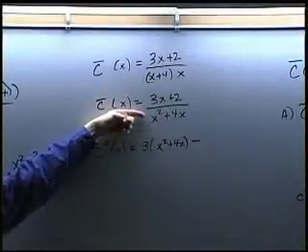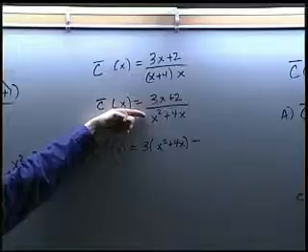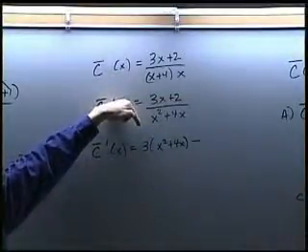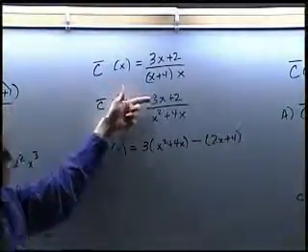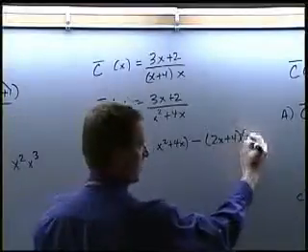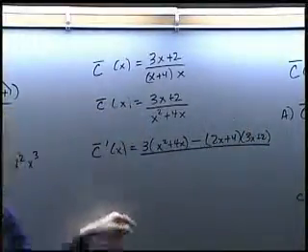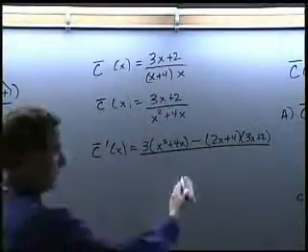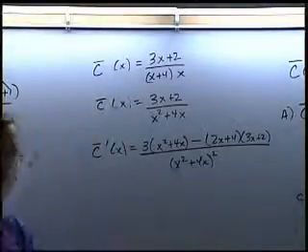The derivative of the bottom is, go ahead. Yeah, you're right. Close. The 2 comes out, 2x plus 4. Right, exactly. Times the numerator, which is 3x plus 2, divided by, what do we do with the denominator down here? Square it. So x squared plus 4x, quantity squared.